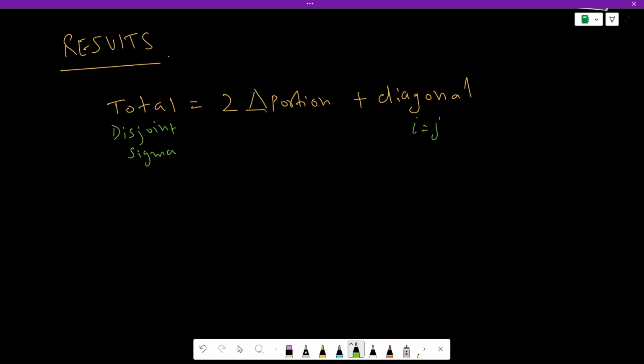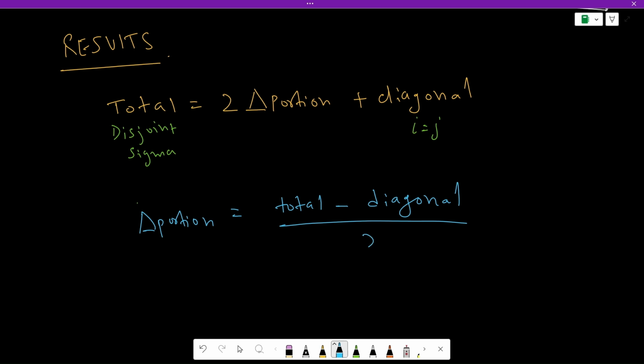So at the end what we need is the triangular portion, and the triangle part is the total minus this diagonal, divided by 2.